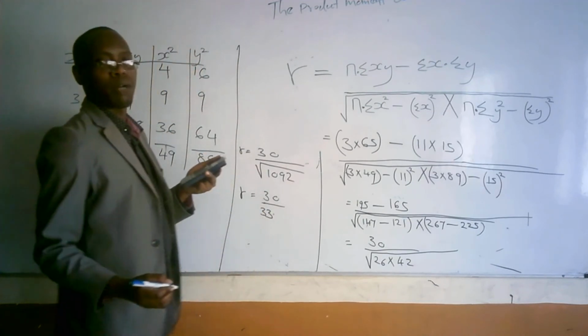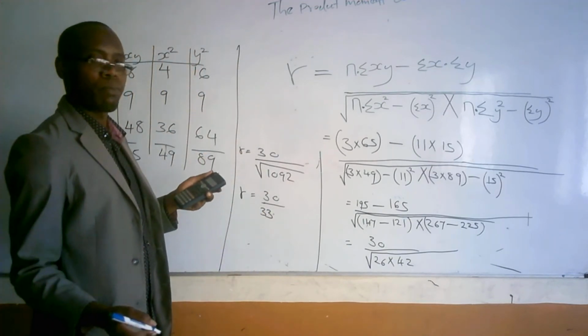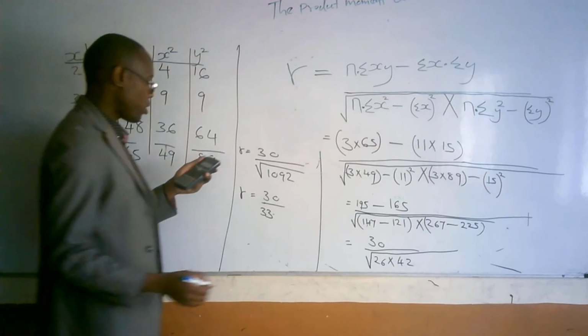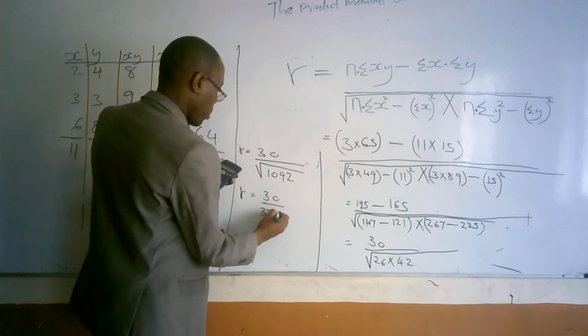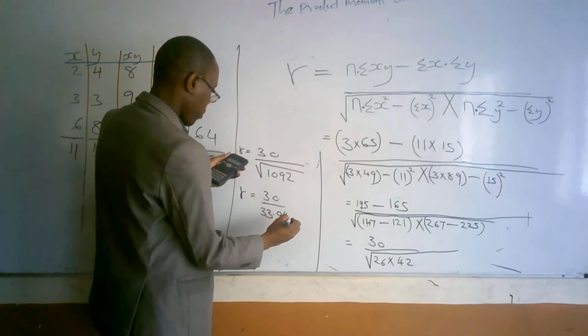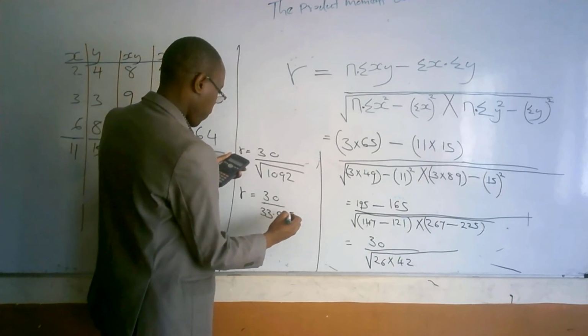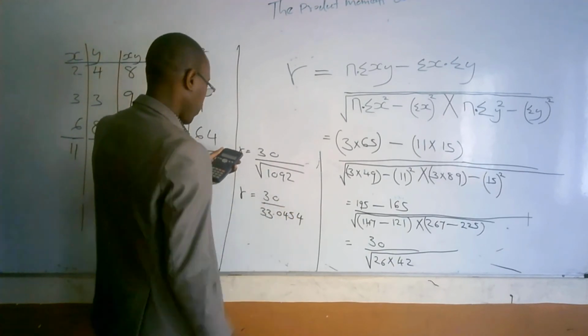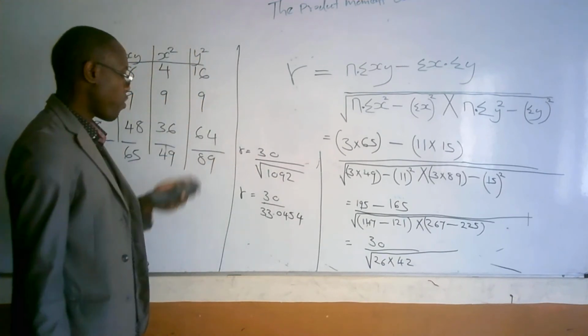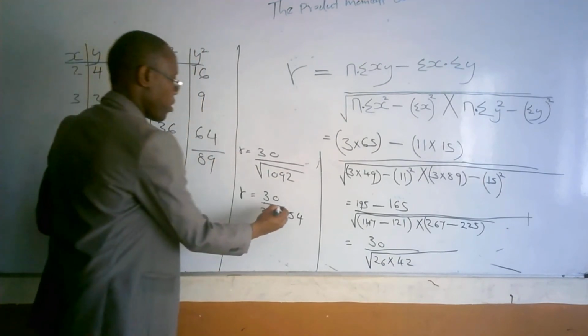Let me put it up to 4 decimal places. So it's better to put it up to 4 decimal places. It's going to be 33.0454. So that's up to 4 decimal places there.